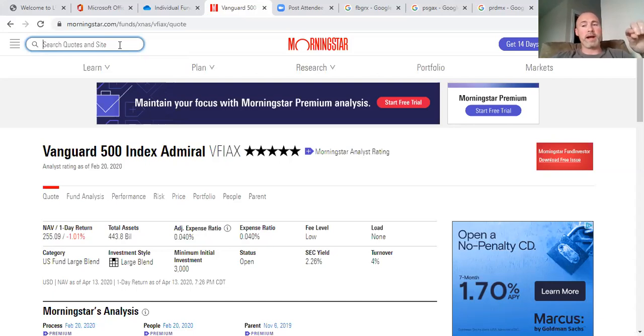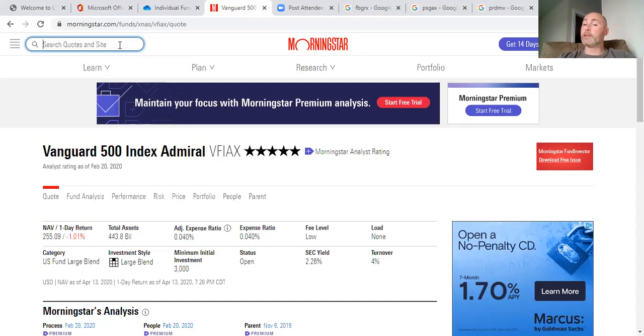This mutual fund buys stock in all of the 500 largest companies in the United States of America. So this mutual fund right here basically does what the stock market does. It moves in lockstep. Remember we learned that word yesterday? Market goes up, a mutual fund like this would go up just the same. Market goes down, a mutual fund like this will go down the same.